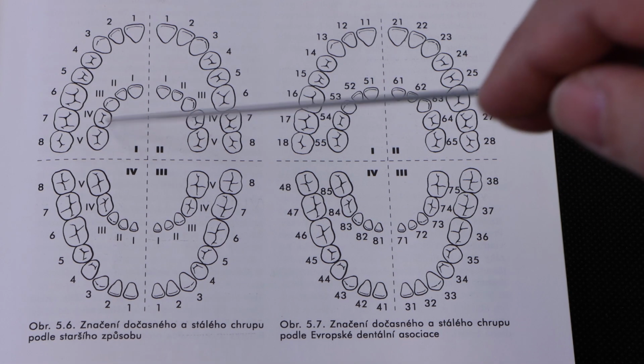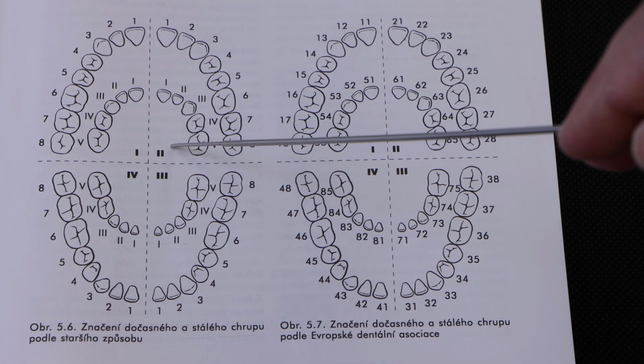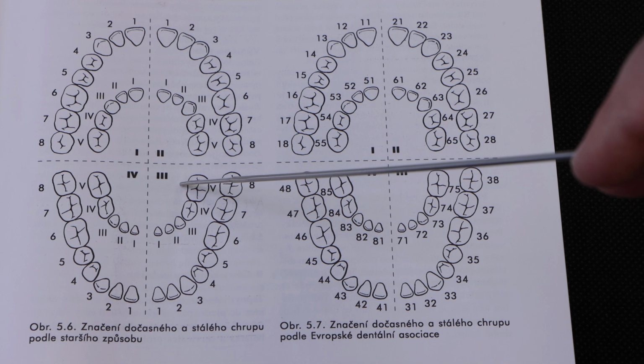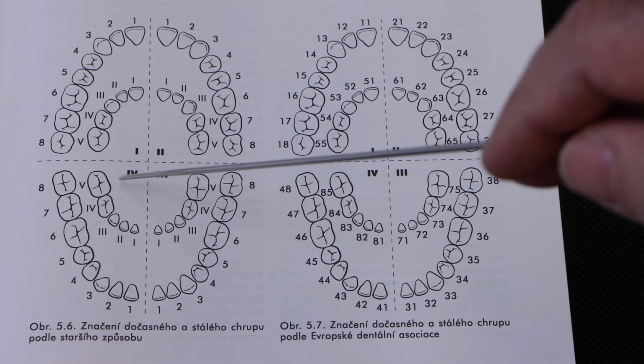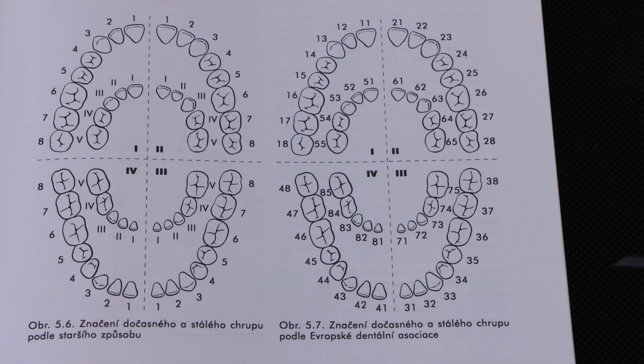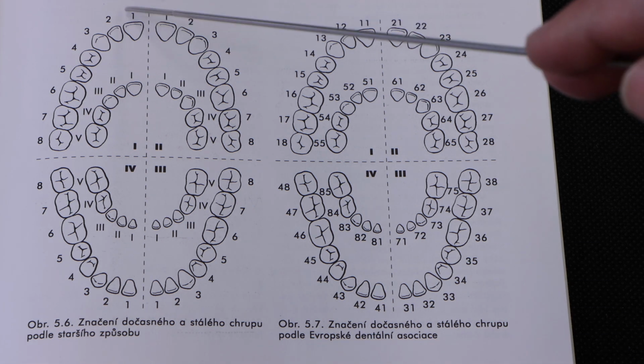The upper right quadrant is quadrant number 1, the upper left is quadrant number 2, the lower left is quadrant number 3, and the lower right is quadrant number 4. In the 2-digit system, there are 1, 2, 3, 4.